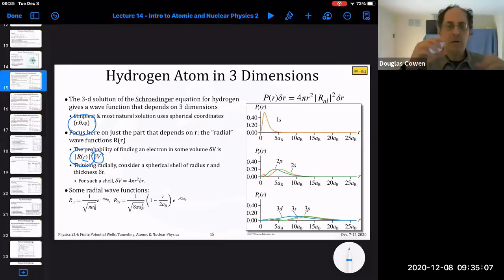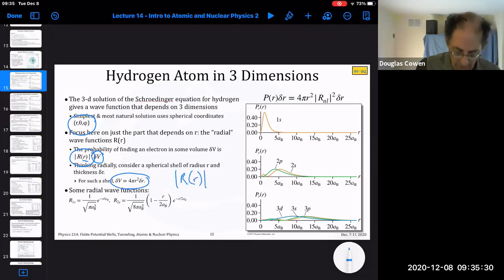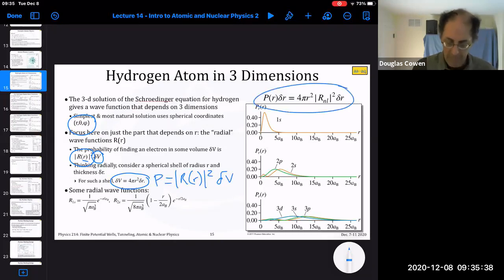There is some volume in between those two spheres, and that volume is what this delta V is. Geometrically, it's given by 4 pi r squared times that delta r, the distance between the two spheres. So if we multiply the square of this radial wave function by that delta V, then we get the probability. And that's what's written up here. So the delta V is written out as 4 pi r squared delta r.